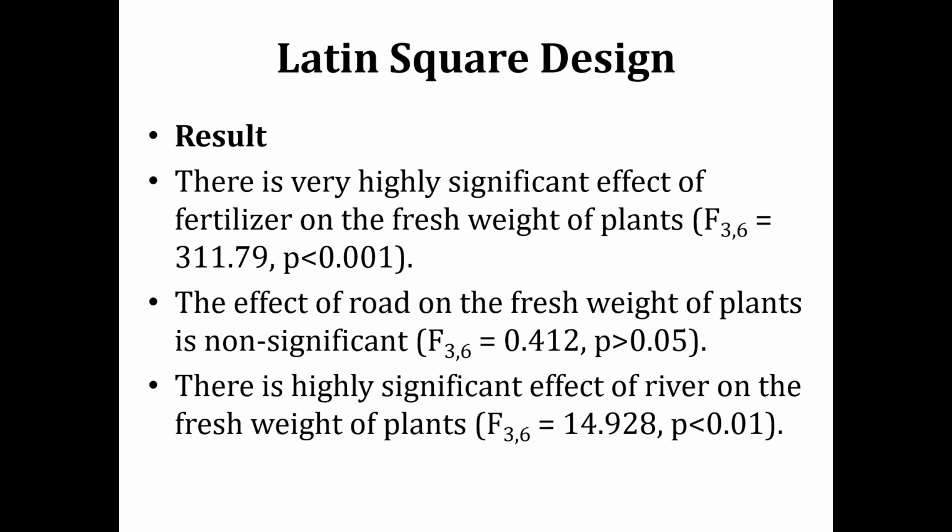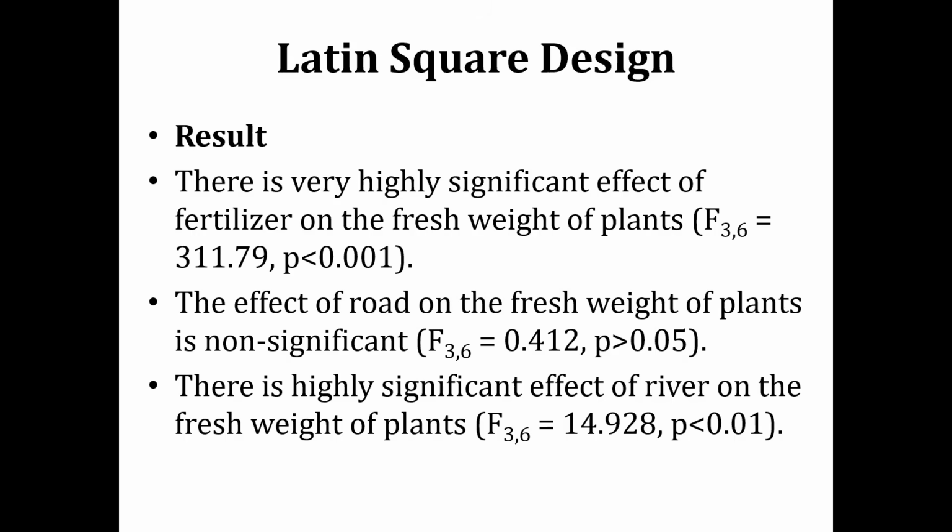We saw the results of a hypothetical experiment, and then we calculated the effects of these sources of variation through Anova. We found that the effect of our independent variable, the fertilizer dose, on our response variable, the fresh weight of plants, is very highly significant, the effect of the road, which was one source of variation, is non-significant, and the effect of the river, the other source of variation, is highly significant.